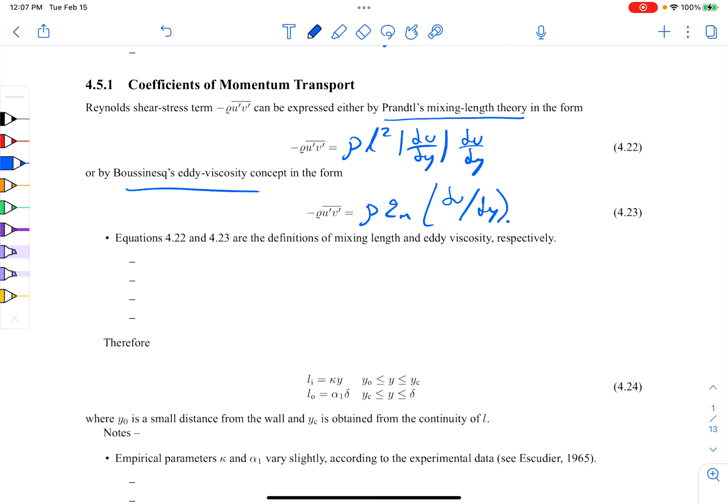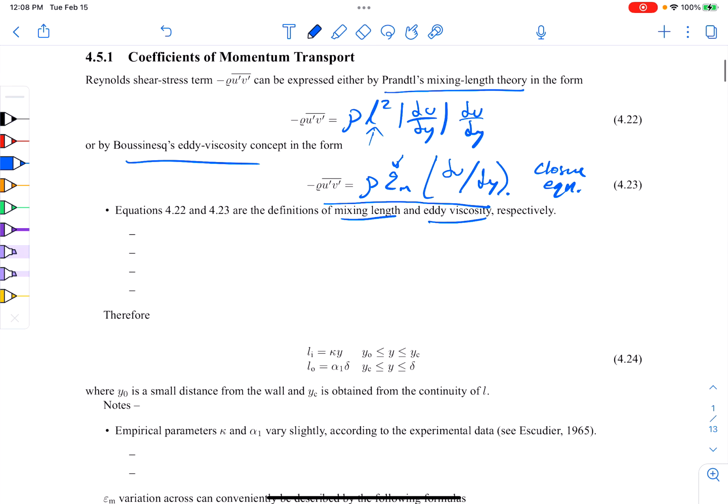And the good thing about these models is, one, they're not assuming anything about the structure of the boundary layer, so that's good. But there is this one closure equation, so this is really your closure equation, core one. And they define the mixing length, which is L, and the eddy viscosity, which is epsilon sub m.